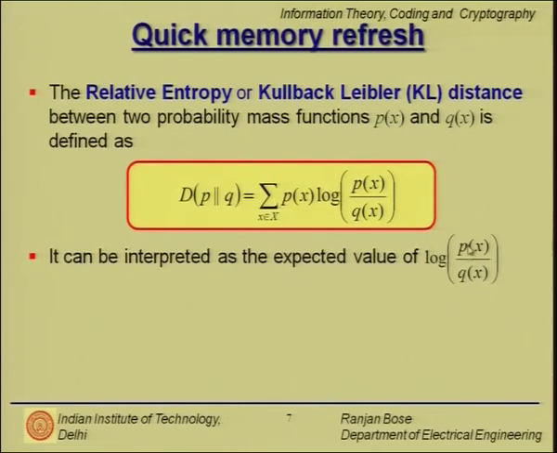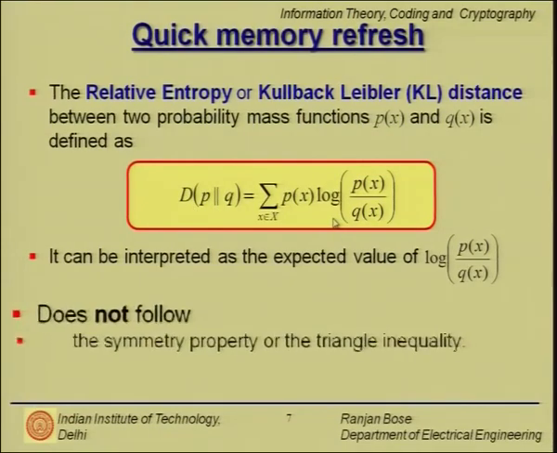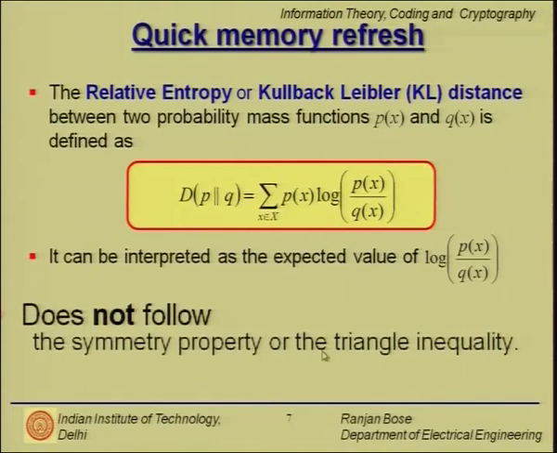So, it goes without saying that if p(x) equals q(x), log 1 is 0 and the distance reduces to 0, that is, there is no difference between the distributions p and q. On the other hand, a quick observation of this equation tells us that this is not symmetric. That is to say that D(p||q) is not the same as D(q||p). This is important to note, and therefore, it does not follow the symmetry property.